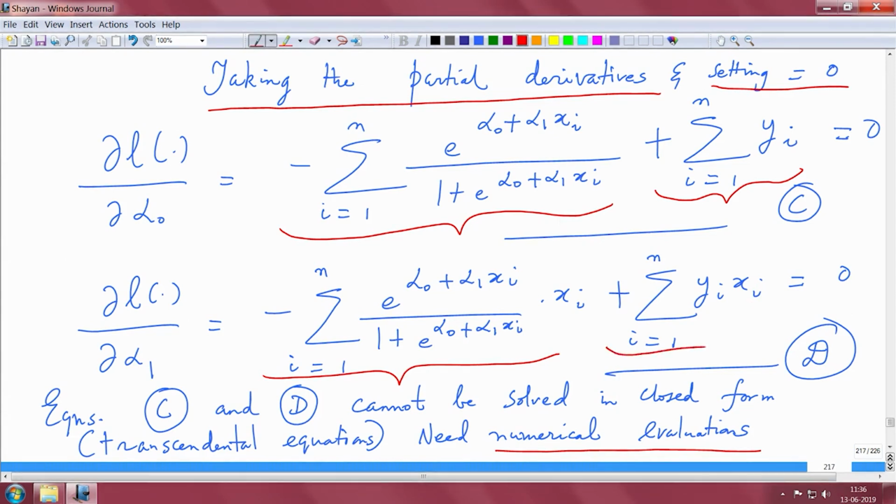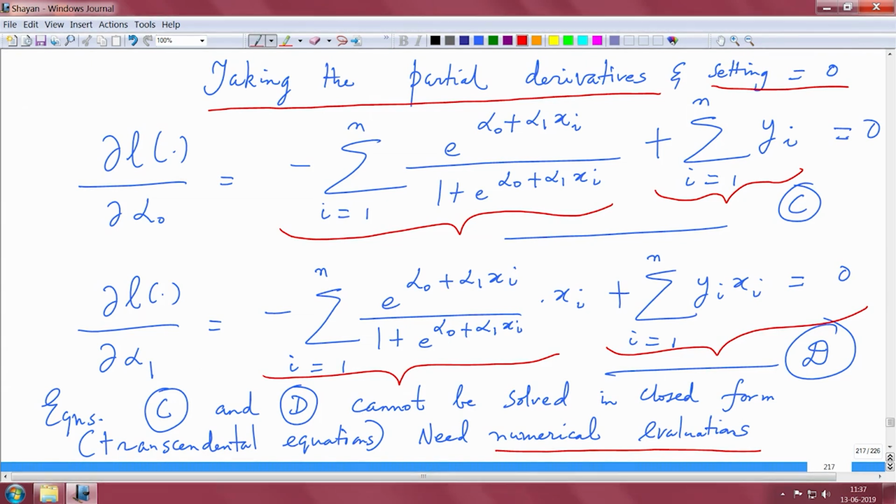So, we have all these 4 terms now, but what is important is to see if we can solve equations C and D in closed form. Unlike the linear regression case, where we were able to solve for the parameters alpha naught and alpha 1 with some manipulations, this is not easy to solve.